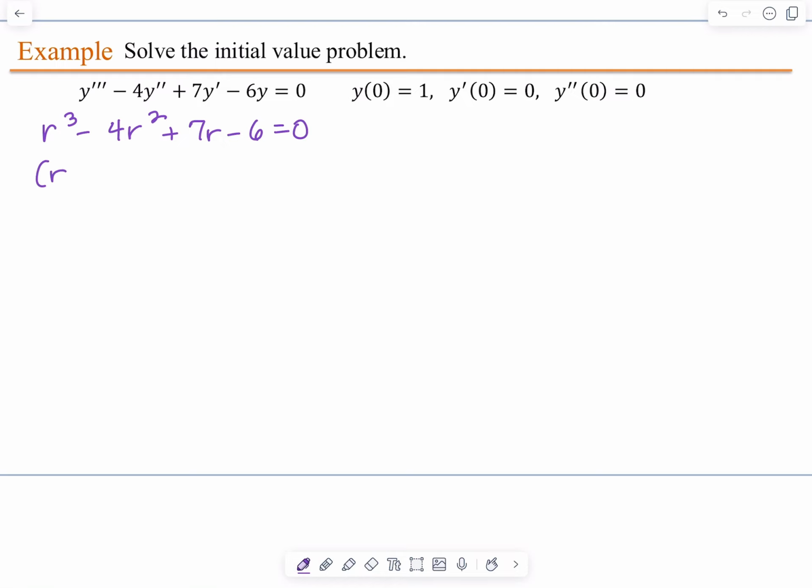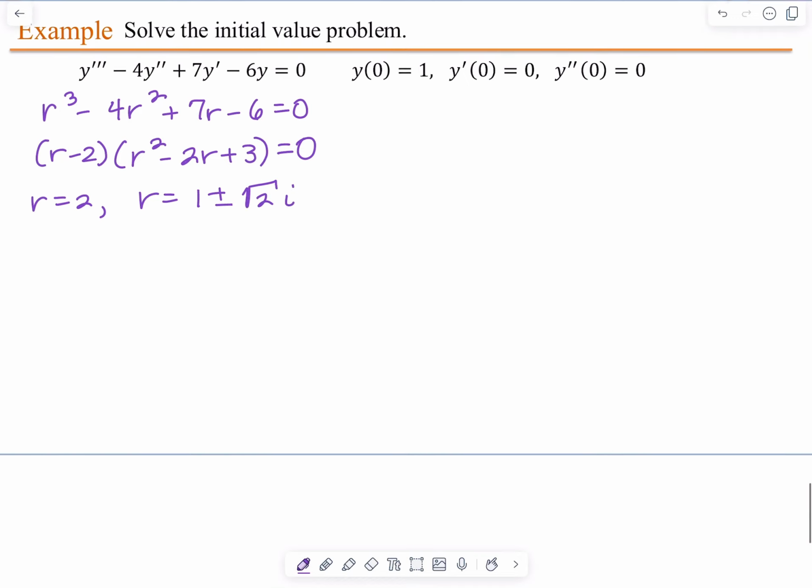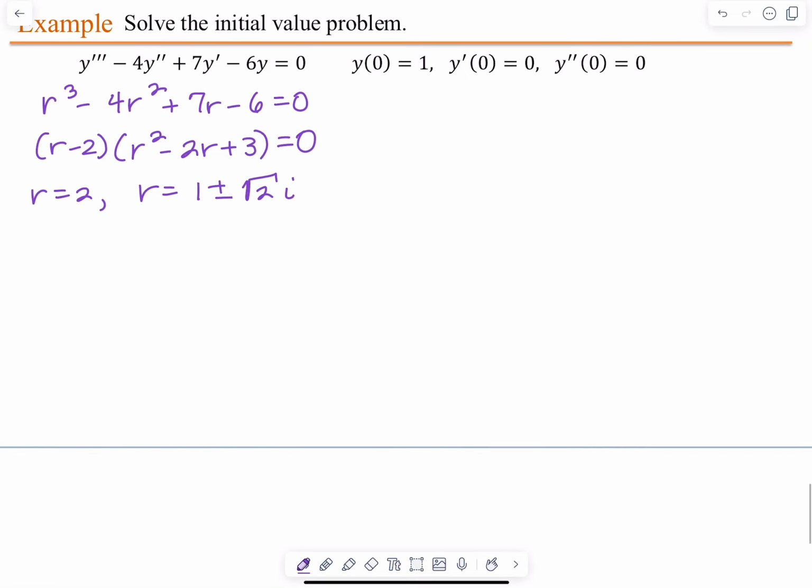Factoring, we come up with r minus 2 multiplied by r squared minus 2r plus 3 is equal to 0. And then we have our roots as r equal to 2 and r equal to 1 plus or minus the square root of 2i.